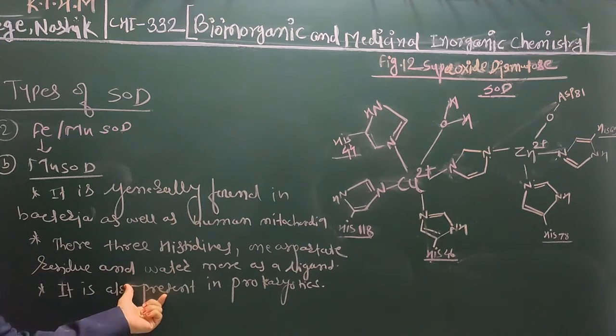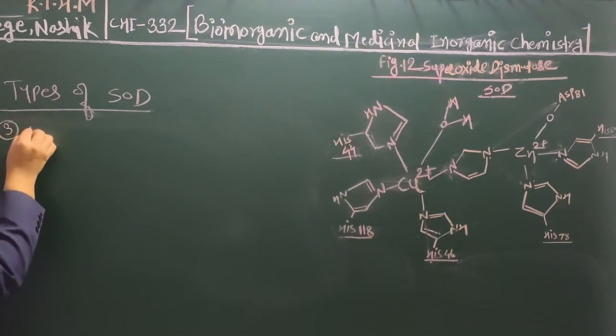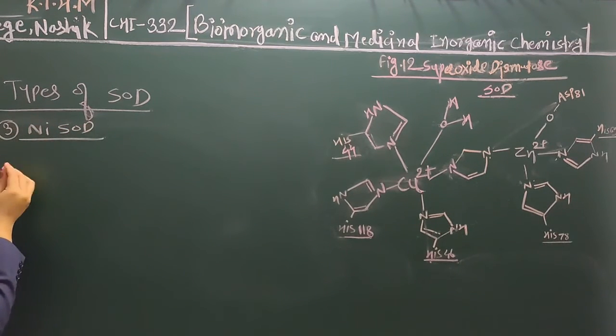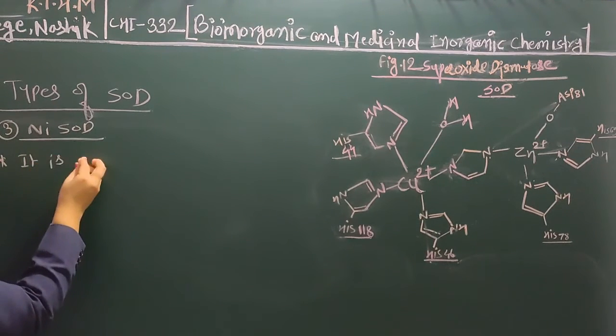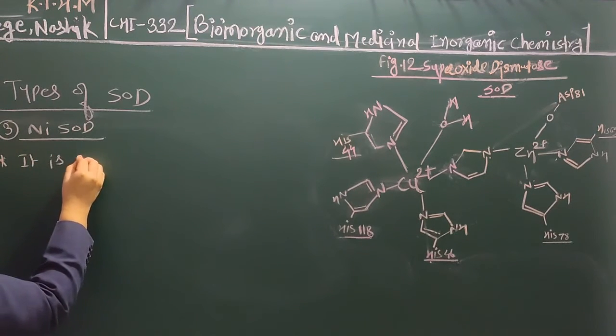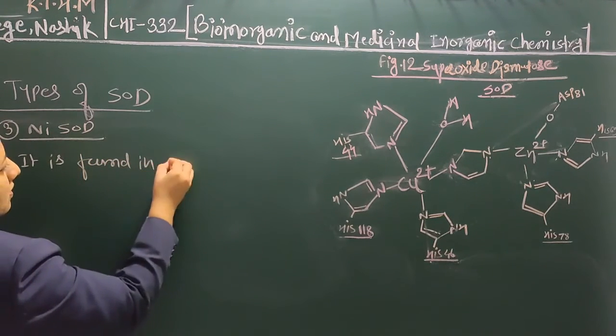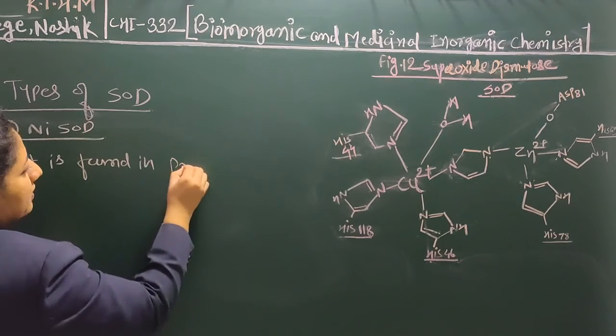Now let's discuss the third type, that is nickel superoxide dismutase, Nickel SOD. Generally, it is found in prokaryotes.